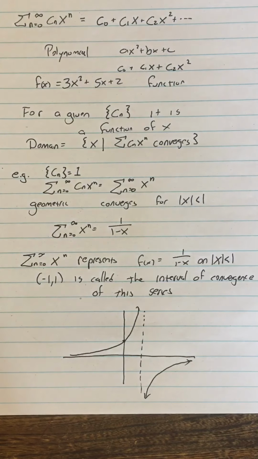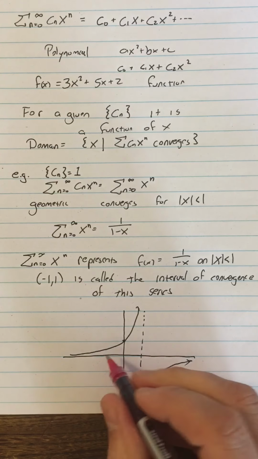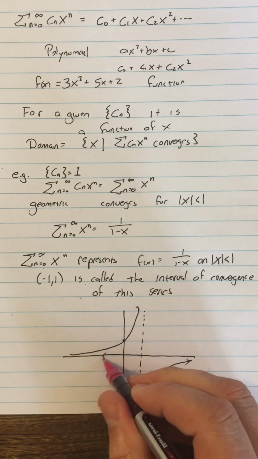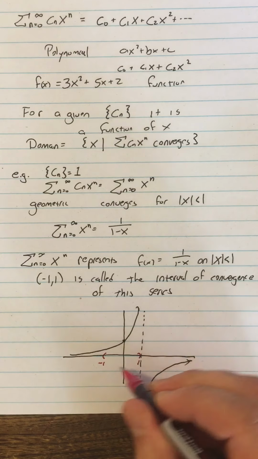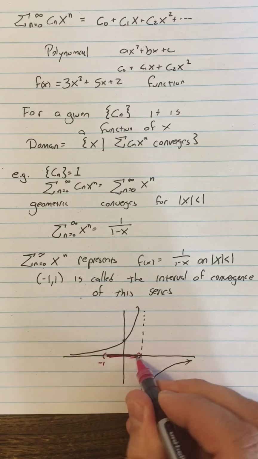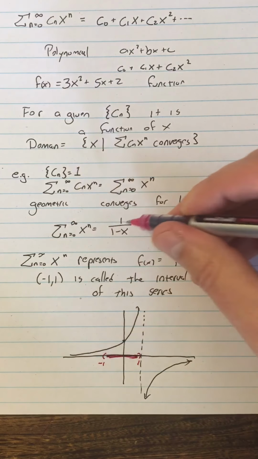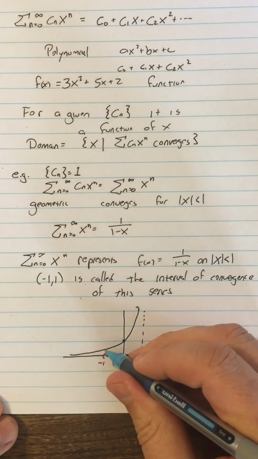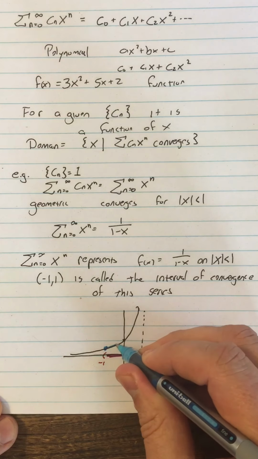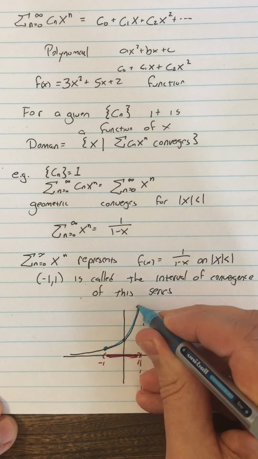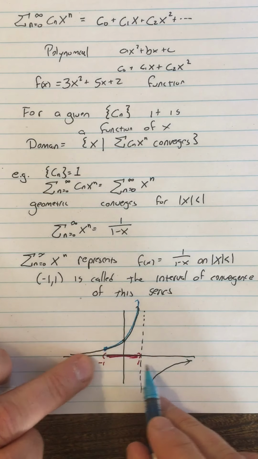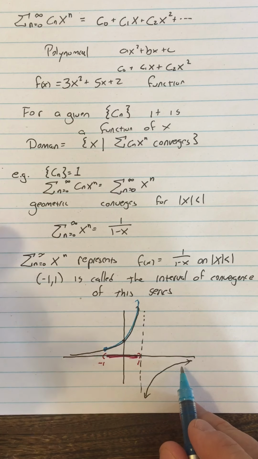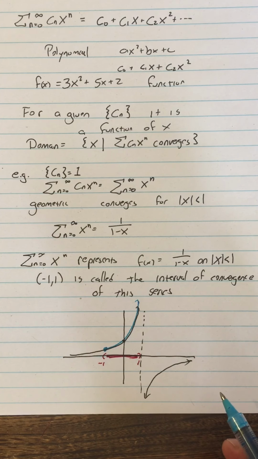So on this interval of convergence, negative 1 to 1, which means from here to here, the series is the same as the function if we do infinitely many terms. So the infinite sum models this whole part of the graph. Now, if we're outside the interval of convergence, the series doesn't even converge, so it doesn't model anything.